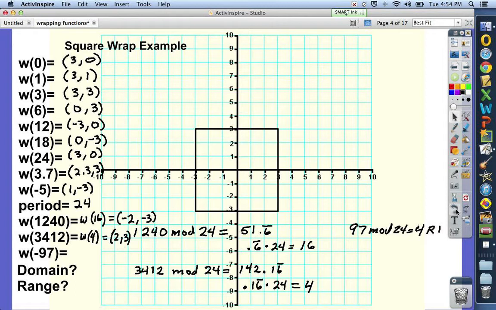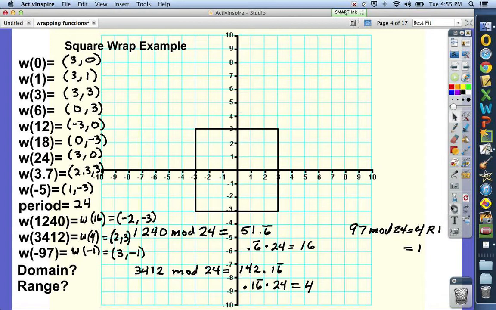But 24 times 4 is 96, so 97 minus 96 is remainder 1. So this would be the same as a wrap of 1. However, the 97 was negative. So this is going to be the same as a wrap of -1. So in other words, we went around 4 times in the clockwise direction to get us back to the starting point, and then 1 more right down there, bringing us to the point 3, -1.